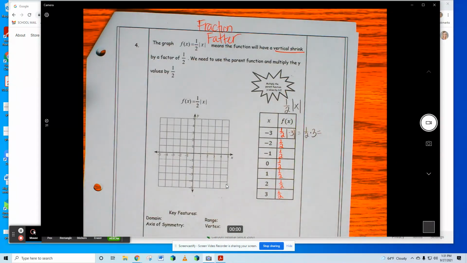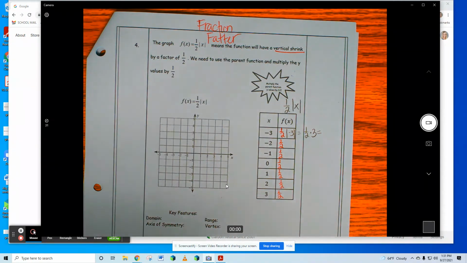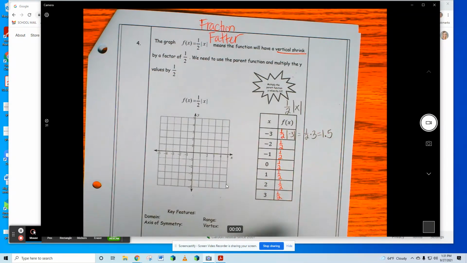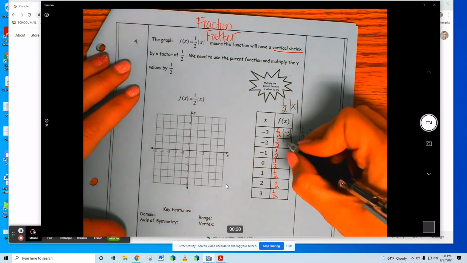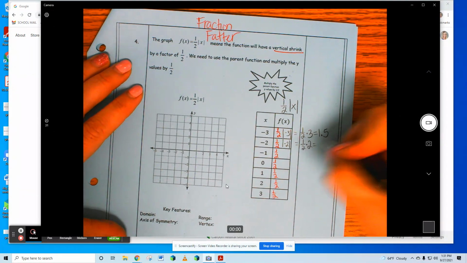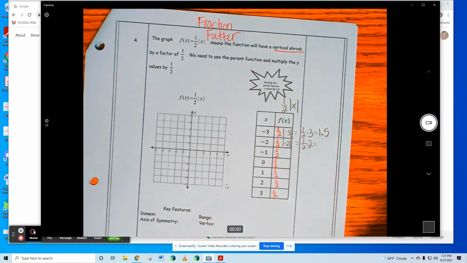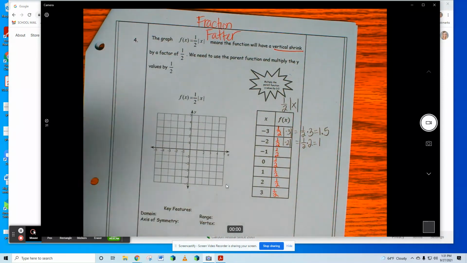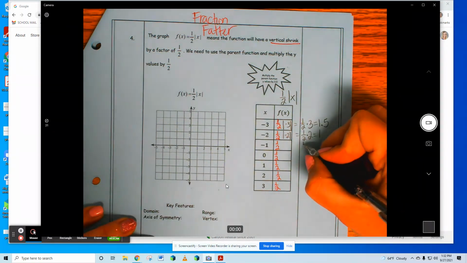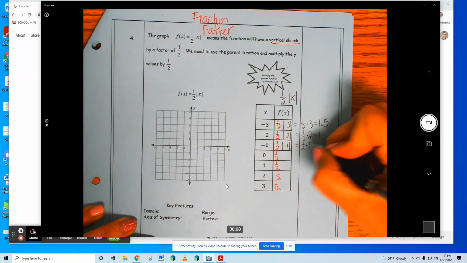Okay, table of values. Here we go. What's half of 3? 1.5. Half of -2: what's 1/2 of 2? I have 2 and I cut it in half. 1. 1/2 times -1: half of 1.